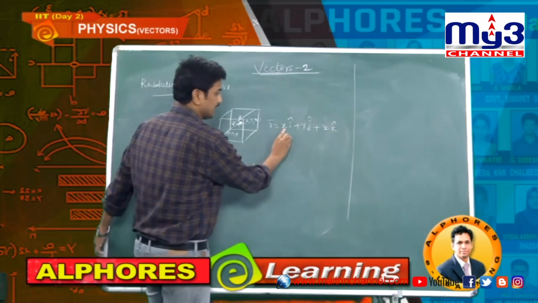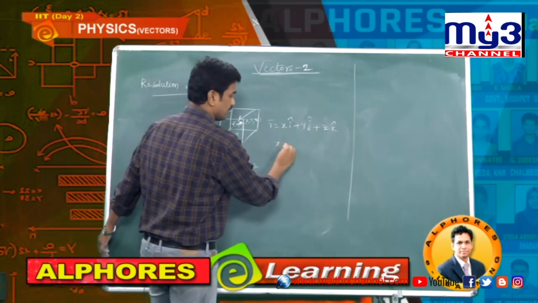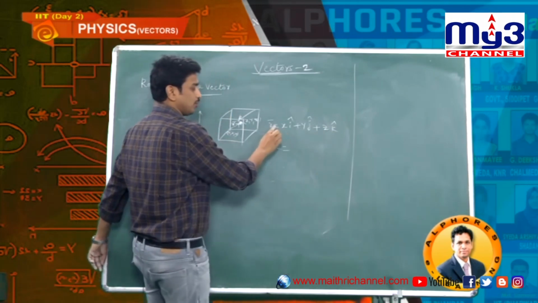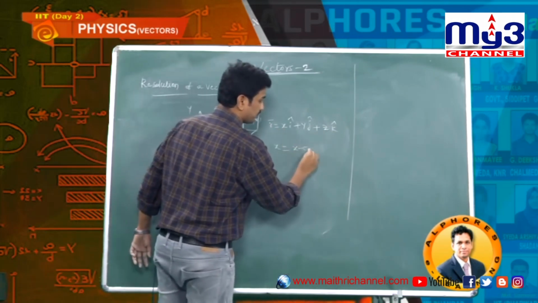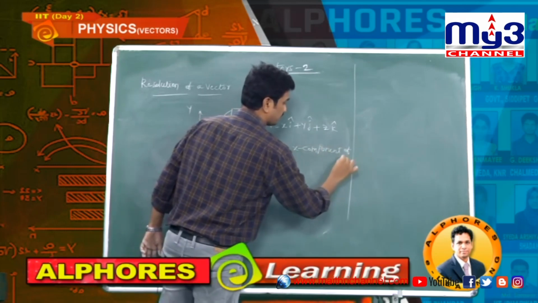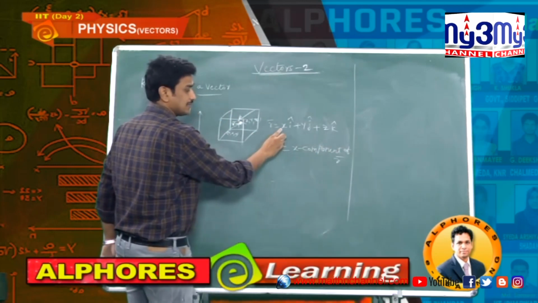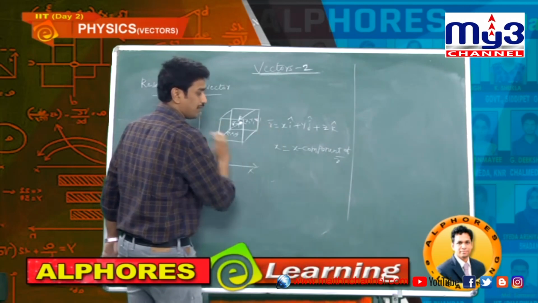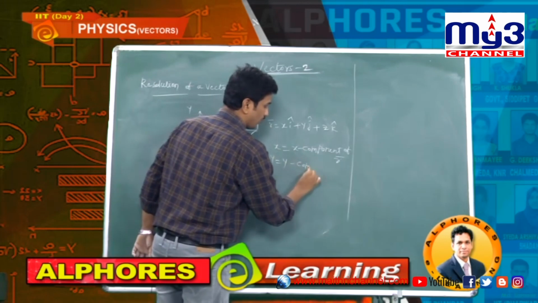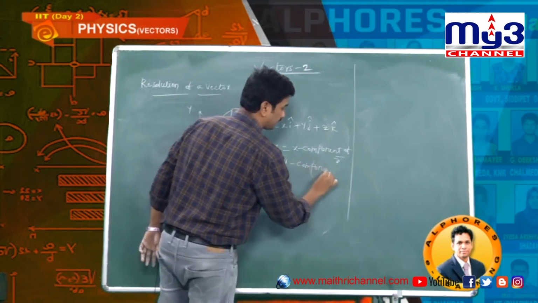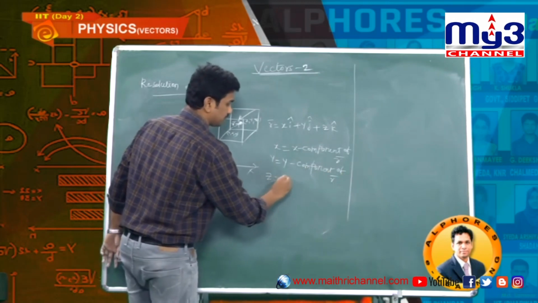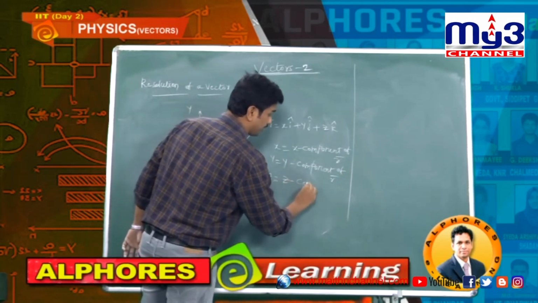Now, x is the x component of R bar. Y is the y component of R bar. Z is the z component of R bar.